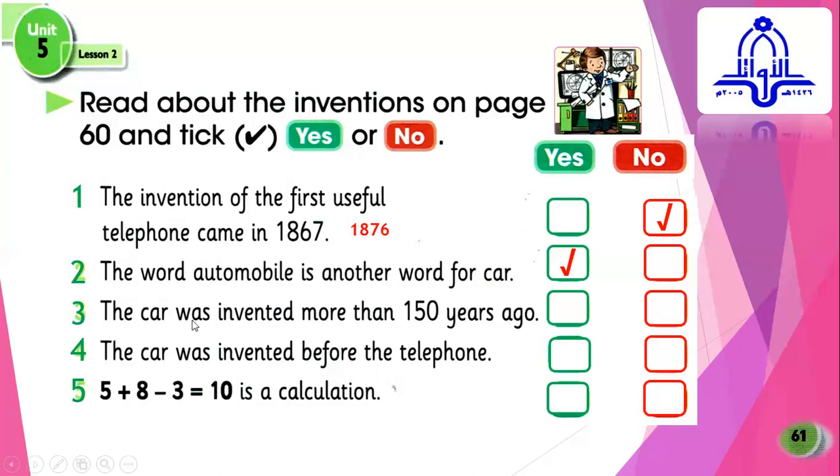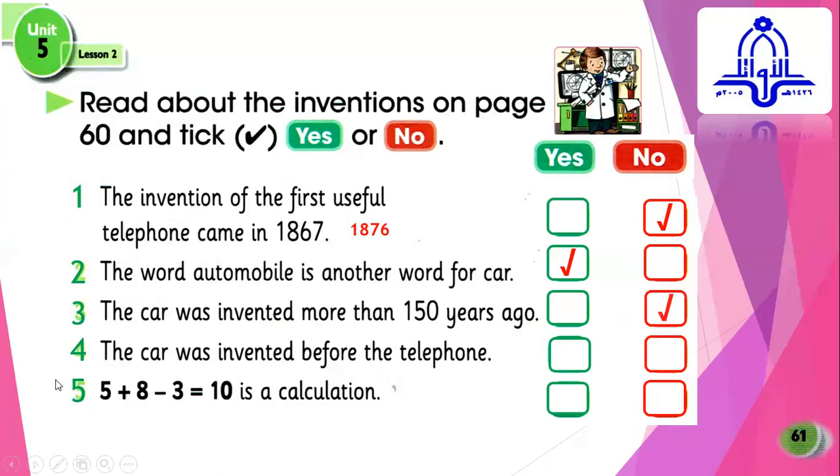If we make a simple calculation between now, in 2021, and 1885, the year the car was invented, we notice that the difference will be less than 150, not more than 150. It will be 135 I think. So this statement is incorrect.